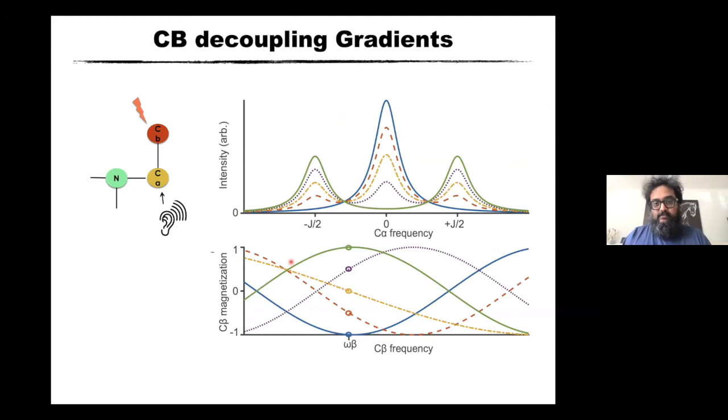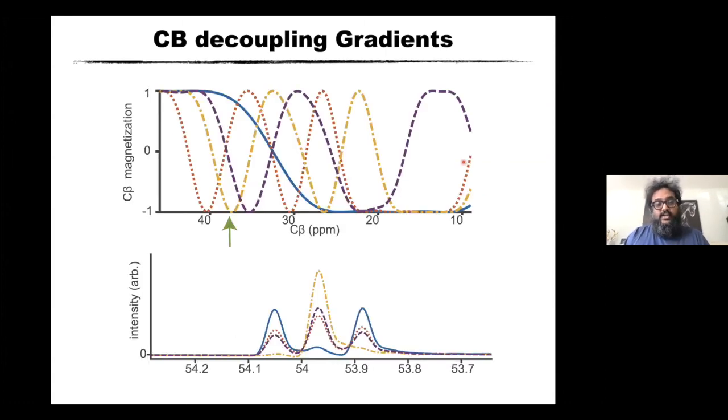In actuality, our pulses look something like this, where you get a profile of fully decoupled, partially decoupled, or fully coupled spectra. Now, we run about 4 different HNCAs with different decoupling pulses, and this pulse is just a single pulse in the middle of the C alpha evolution in your traditional HNCA experiments. And depending on your C beta frequencies, your C alphas will either be fully coupled, partially coupled, or fully decoupled.